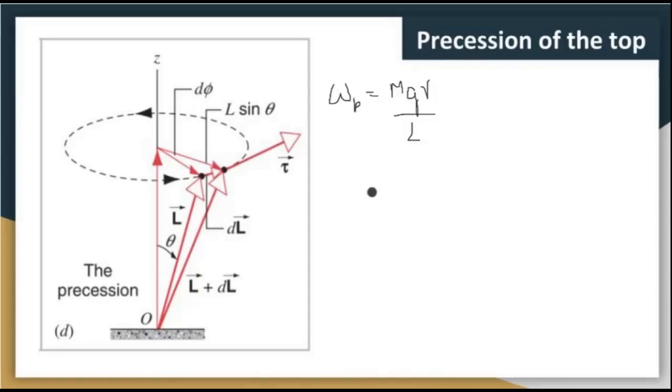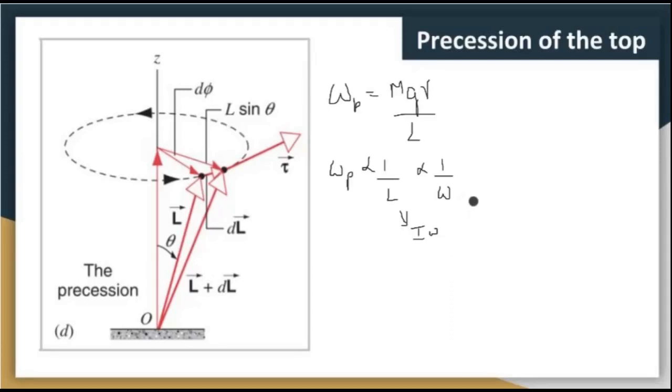This result implies that the precession speed is inversely proportional to angular momentum. We know angular momentum L is equal to I omega. So this in turn implies that the precessional speed is inversely proportional to rotational angular speed.